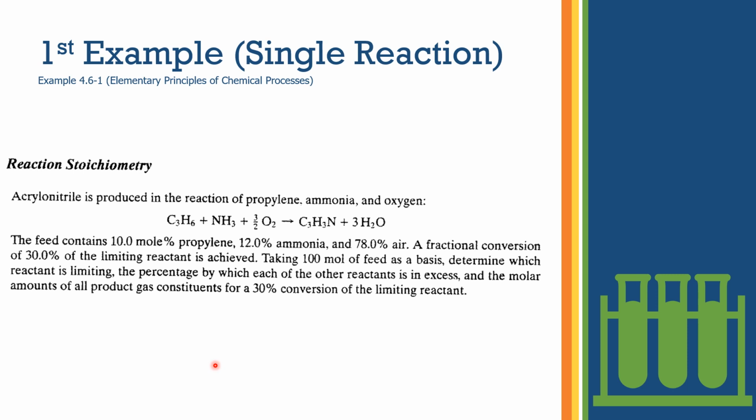So he gave us the conversion of the limiting reactant, but he didn't specify which reactant is the limiting one. He wants us to determine that, and also the molar amounts of all the product gases. So let's go to the solution.